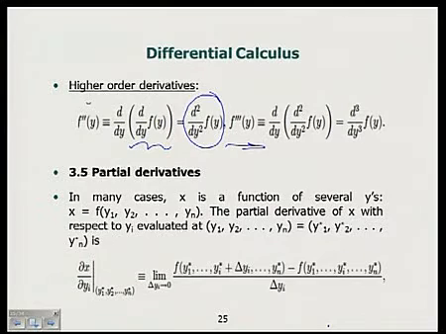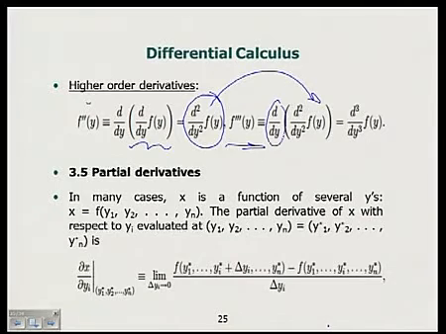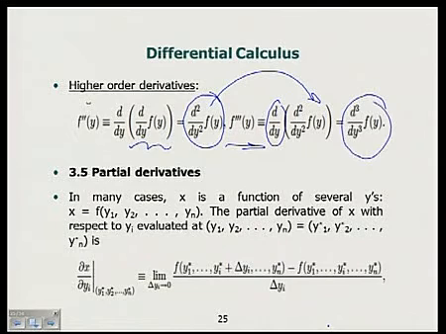We can build f triple prime, the third derivative. As you can see, I can take the derivative and differentiate another time. And this is the third derivative with respect to y of our function f of y.